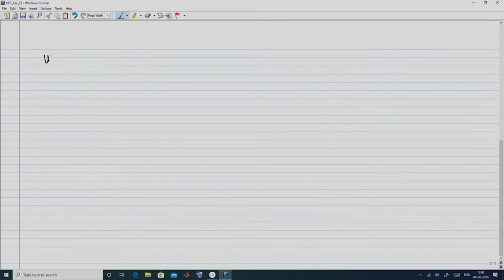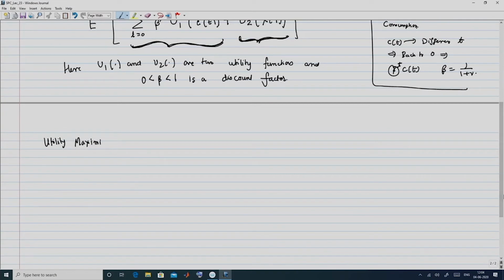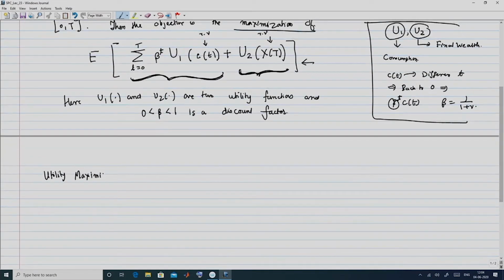Okay, so now let us move on to utility maximization. So, how are you going to execute the objective function that we have listed above? That means how are you going to actually solve this problem here. So, let us look at the broader topic of utility maximization in discrete time.